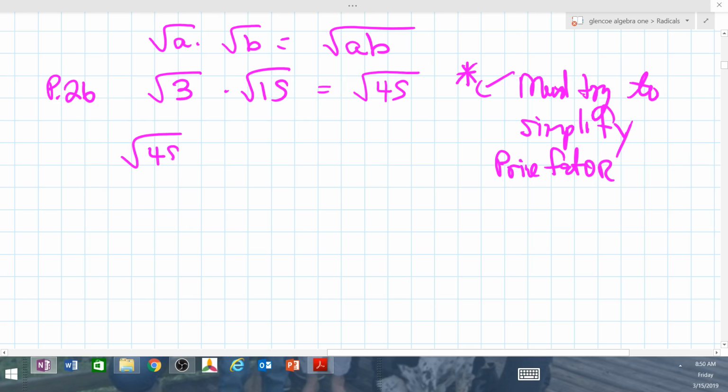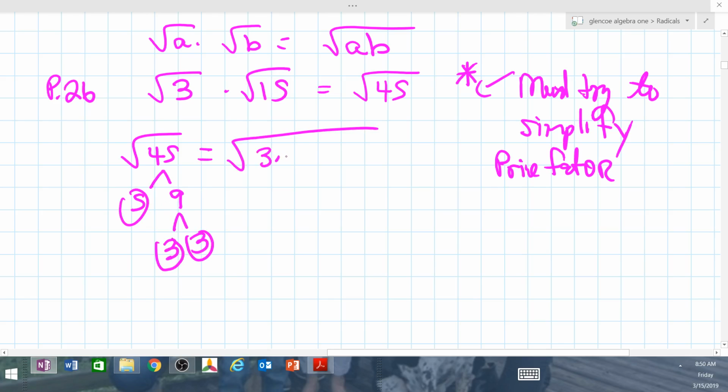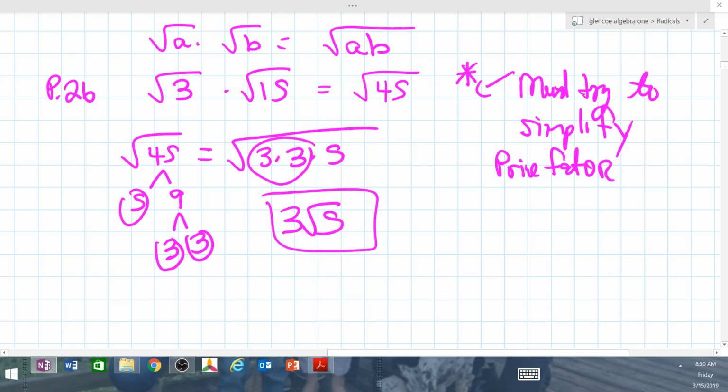So radical 45 breaks down to 5 times 9, and 9 breaks down to 3 times 3. So this would break down to 3 times 3 times 5, or what, guys? 3 radical 5. Do you understand?